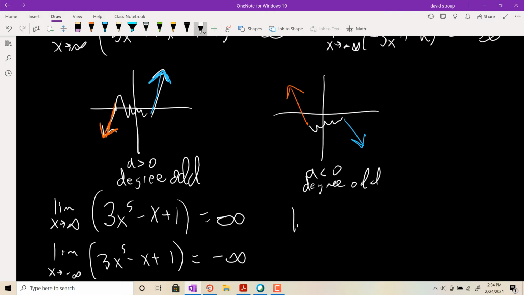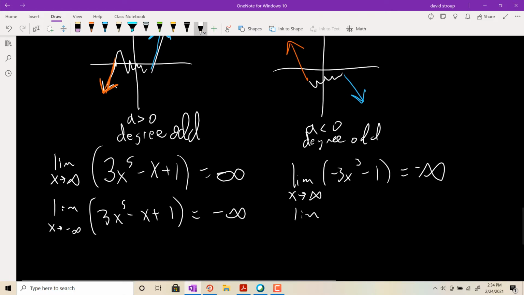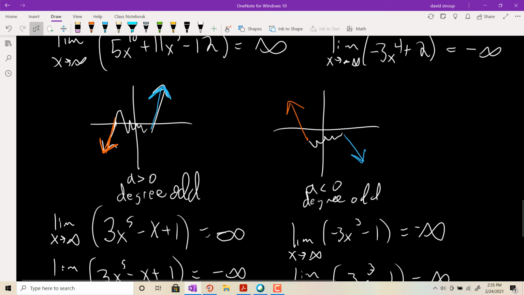So you'll end up with stuff like the limit of negative 3x cubed minus 1, and of course it's negative infinity as x goes to infinity, and then it's reversed, right? So the limit as x goes to negative infinity of negative 3x cubed minus 1 is positive infinity in that direction based off the little arrows.